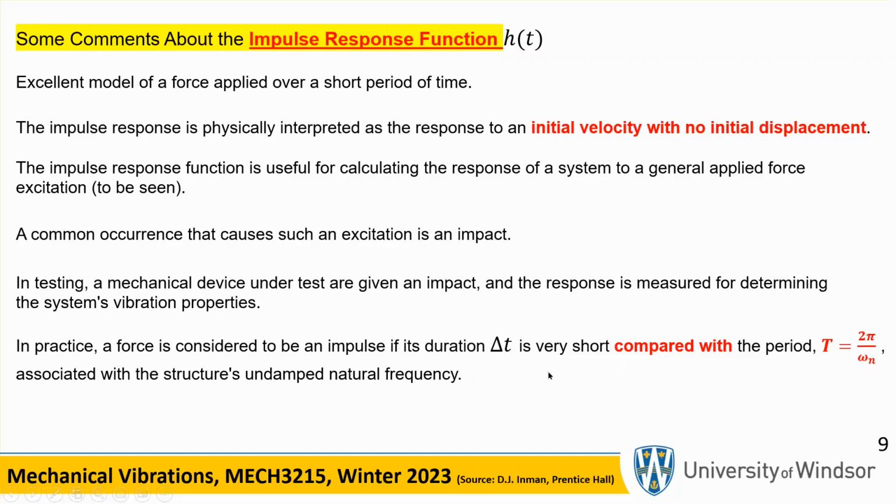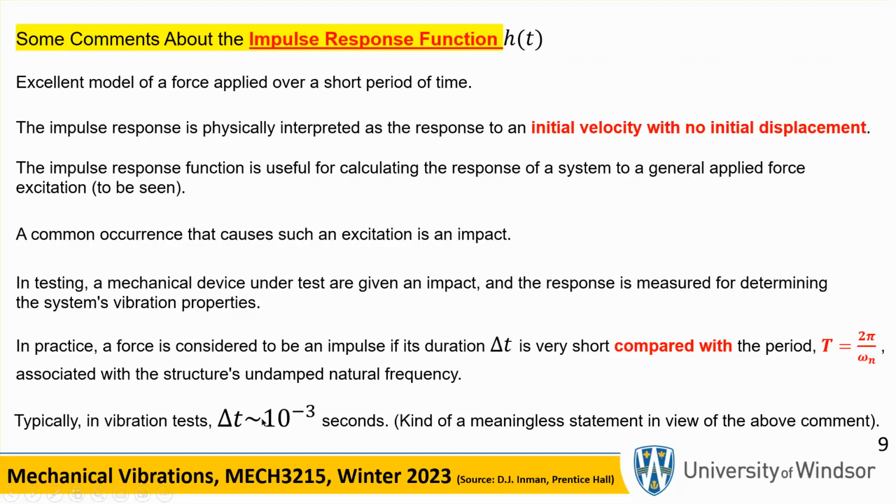So remember, small delta t duration when you compare it with the natural period of oscillation. Again, I'm not saying how much smaller. Is it a factor of 1,000, 10,000? No. But just remember, small compared to that.